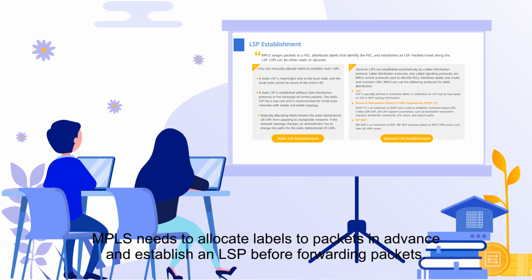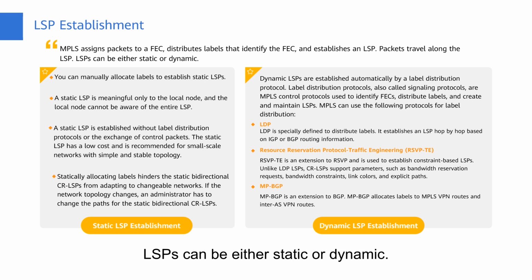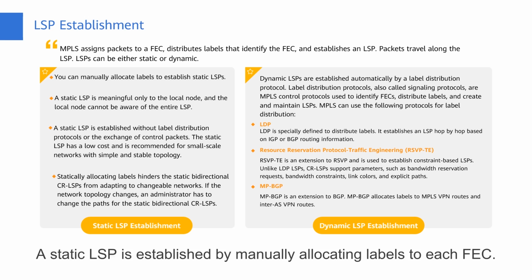MPLS needs to allocate labels to packets in advance and establish an LSP before forwarding packets. LSPs can be either static or dynamic. A static LSP is established by manually allocating labels to each FEC.